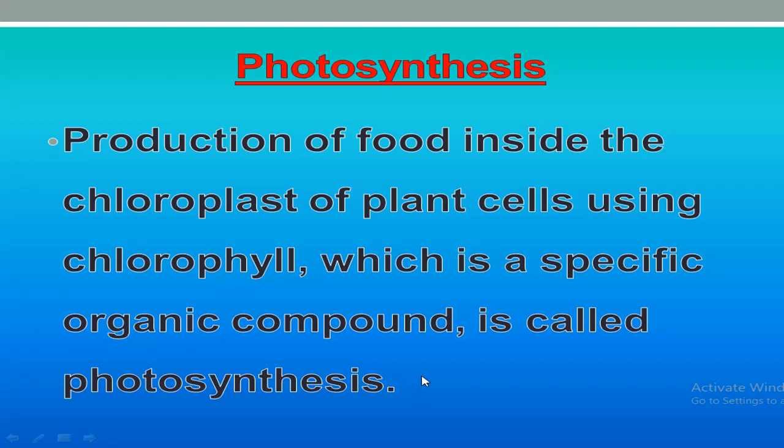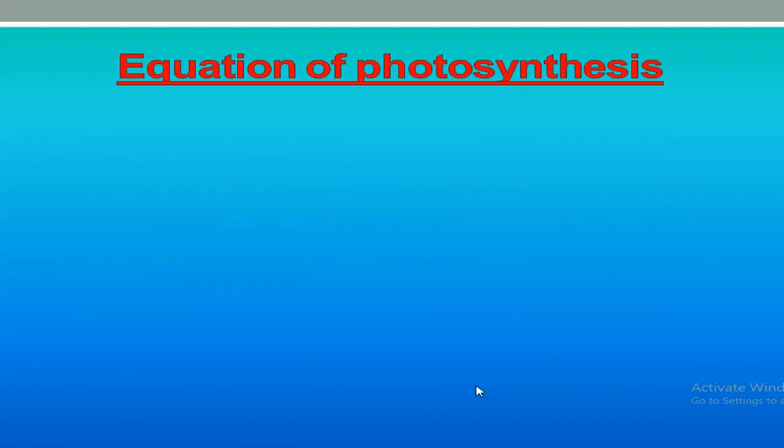So photosynthesis means the process of producing food. In photosynthesis, the chlorophyll contained in the chloroplast is most important. Chlorophyll can absorb light from solar energy. Now we have learned what is meant by photosynthesis. Then we will learn the equation of photosynthesis.